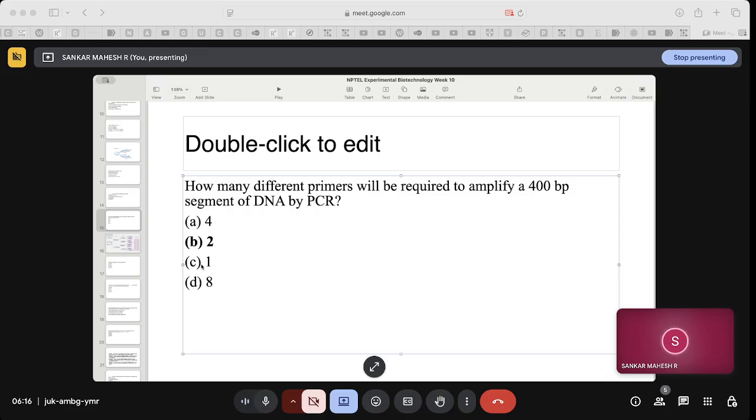We have methods called overlap extension PCR and other PCR related methods where we use more than one pair of primers. So although for this particular question 2 will be right, even 4 and 8 are applicable if we are talking about other cases of PCR. That is what I wanted to get across here.